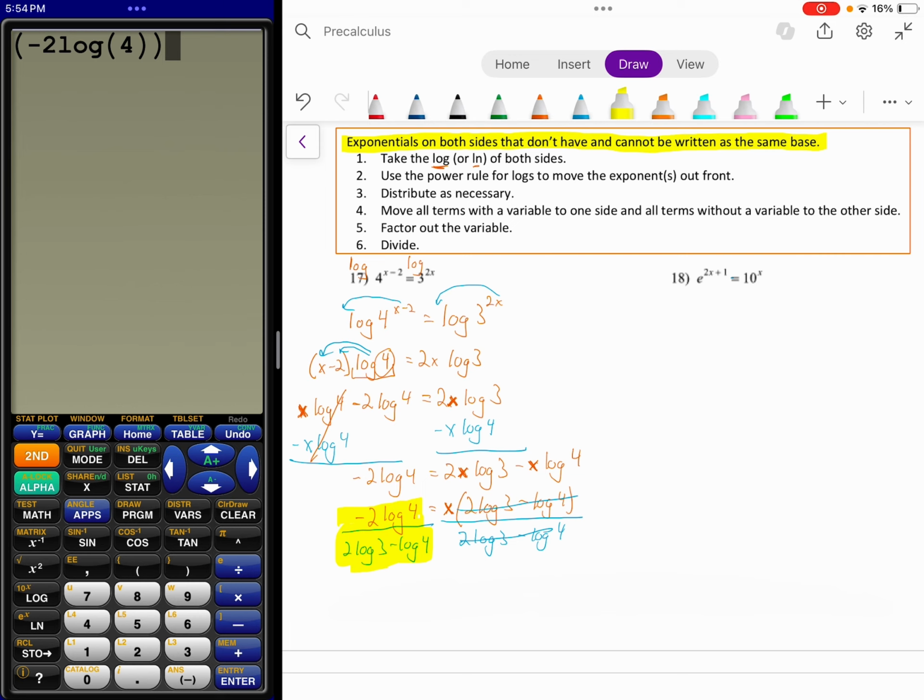So that's the numerator divided by, and now I need to put some open parentheses again for the denominator. So this is 2 log of 3. Close the parentheses for the 3. That's very, very important. Minus the log of 4.